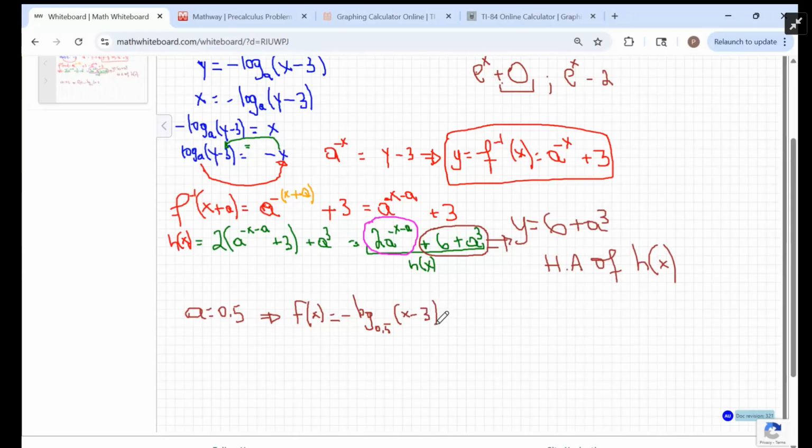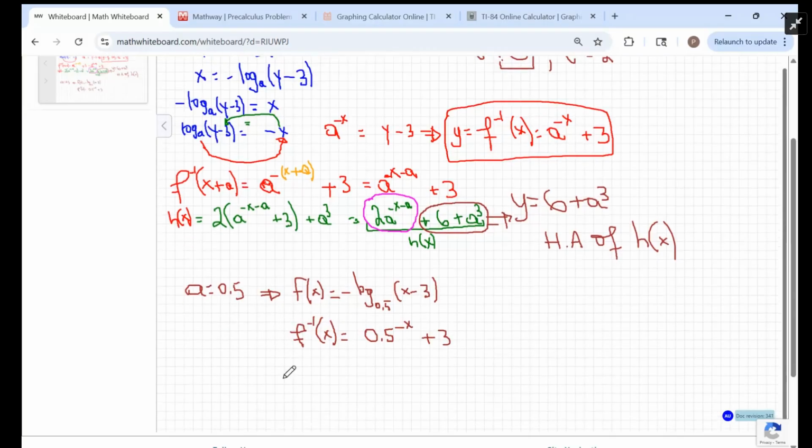And if the work we did was correct, we should get an inverse function f negative 1 of x that should be 0.5 raised to the power of minus x, and then plus 3.